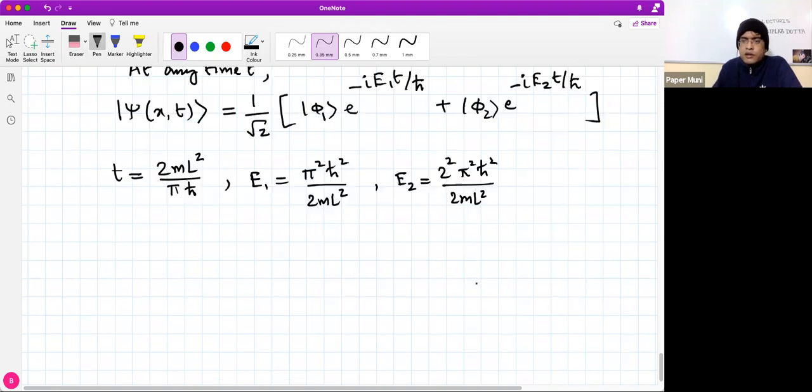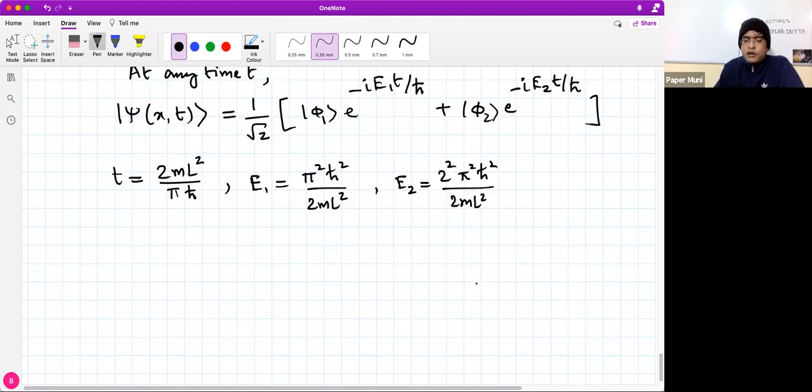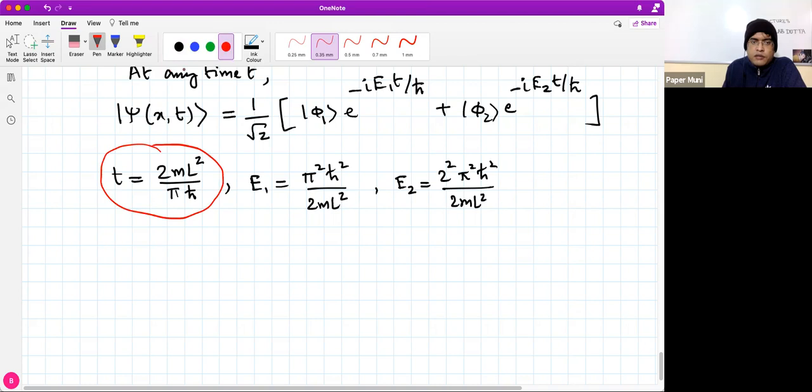Now we have all the things required. Let's talk about the wave function at this time. So this looks really bad.